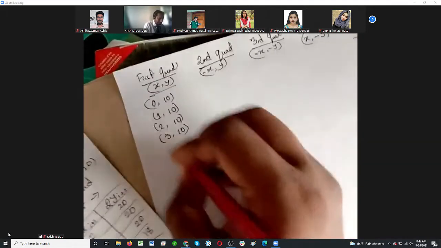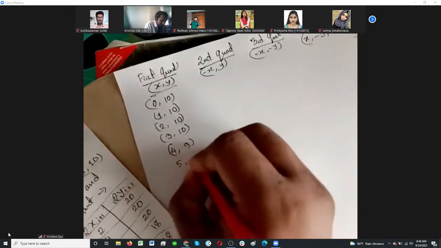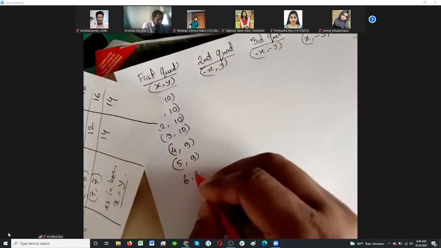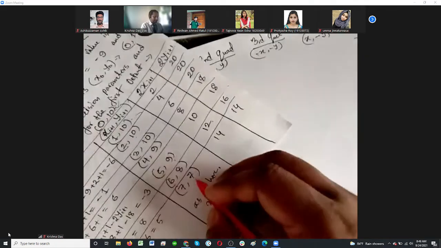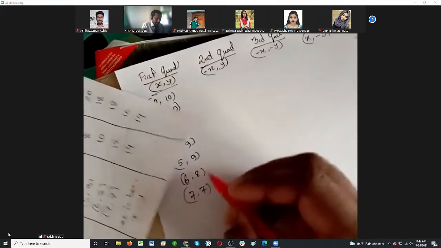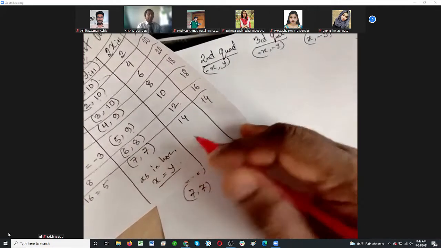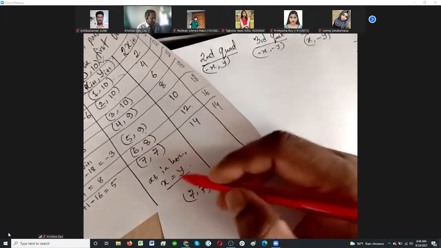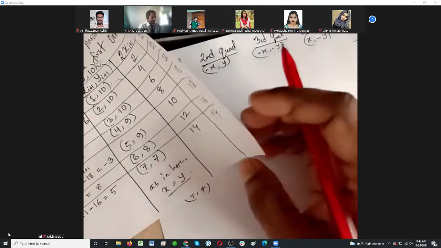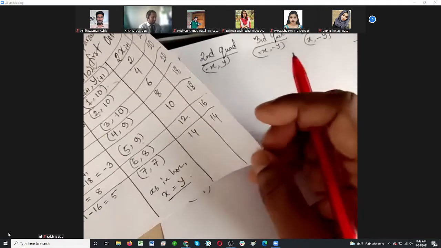Then we have 4, 9, then 5, 9, then 6, 8, and then 7, 7. We stop the algorithm at that point because we have found where x and y are equal, and we have the condition that x is greater than or equal to y, so we have to stop.